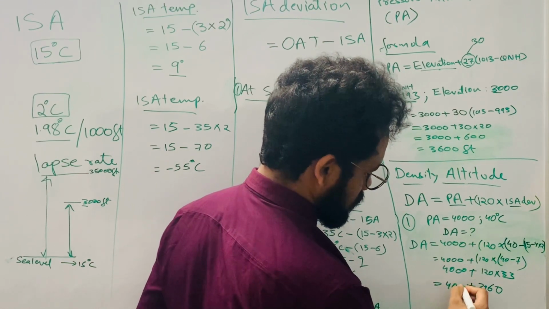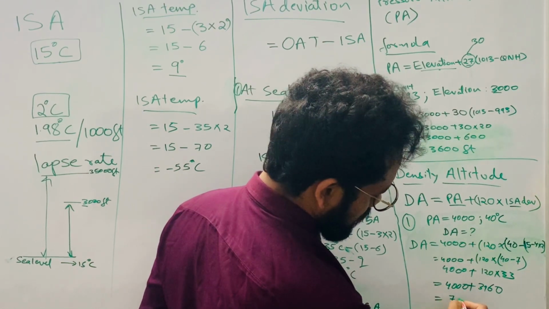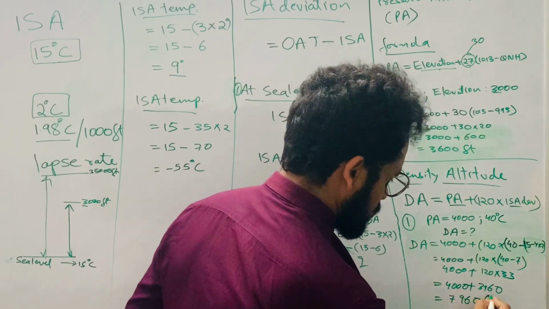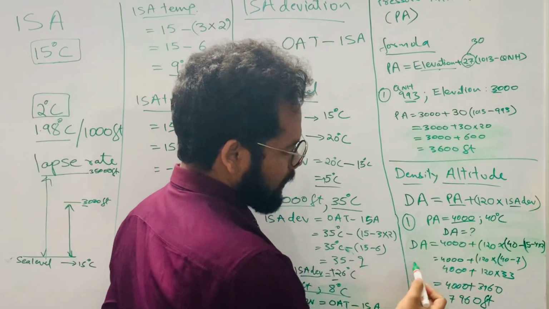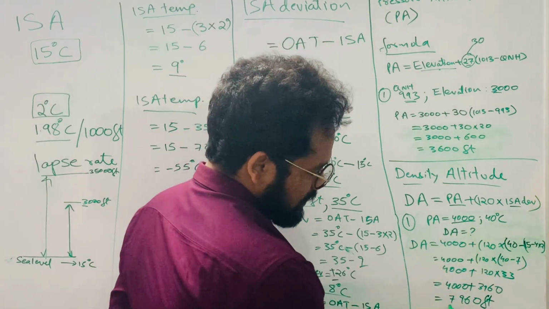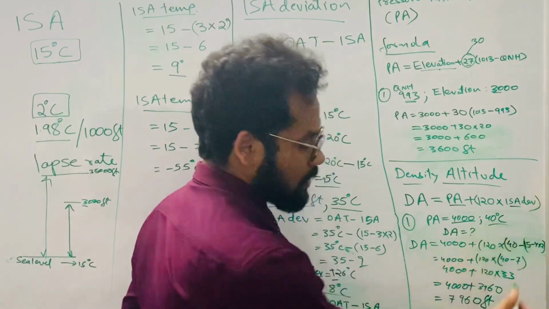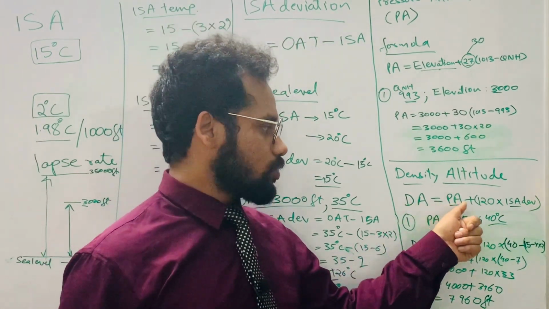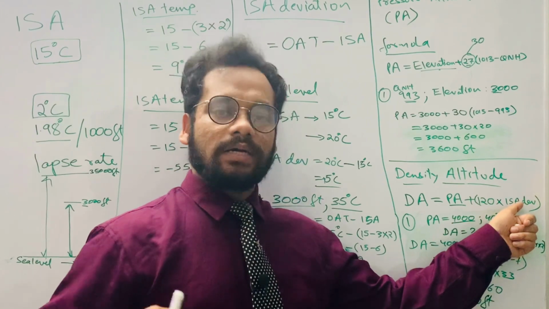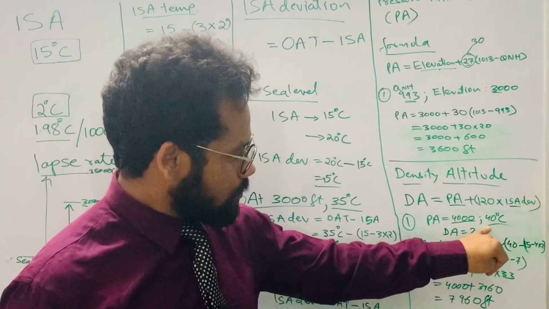This is 4000 plus 3960, 7,960. That means if you are at a pressure altitude of 4,000, then density altitude will be 7,960 based on this temperature. Hence, moral of the story: density altitude is the pressure altitude corrected for the non-standard temperature, which is this one.